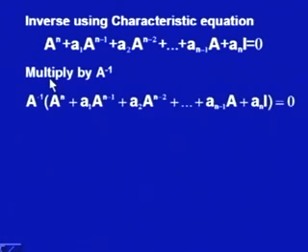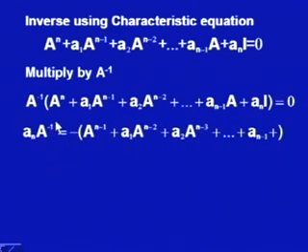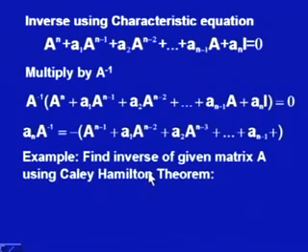Then multiply this equation by A inverse, if it exists, pre-multiplied, equal to 0. Then this a_n multiplied by A inverse is this term on the left hand side, and the rest of the terms are taken on the other side. So we have an expression involving A inverse in terms of powers of A. This can be used for finding A inverse.